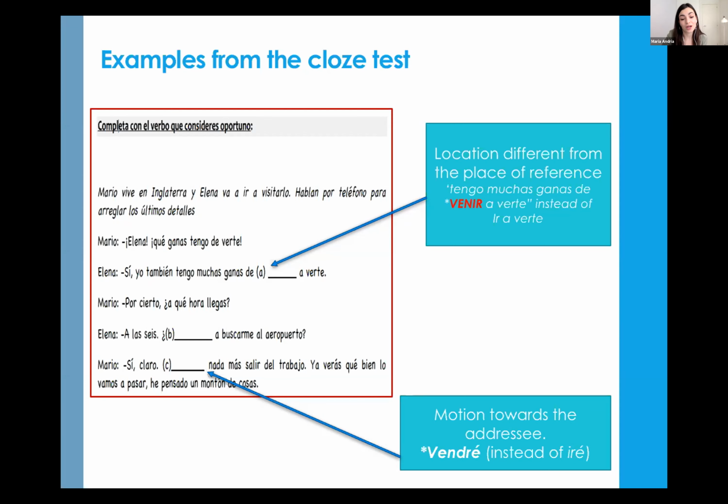The same for cases where motion towards the addressee was expressed, as in the example we have here, vendré nada más salir del trabajo. So the Spanish L2 learners used the verb to come instead of the expected verb to go.